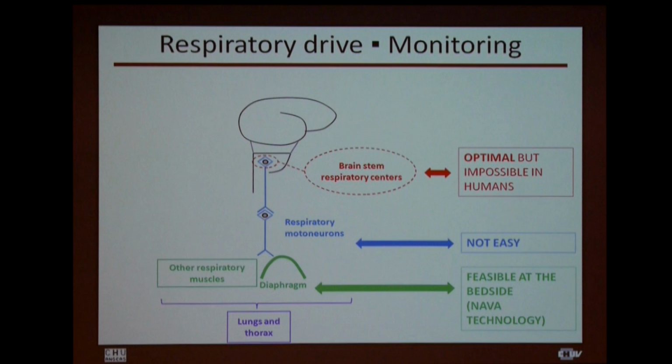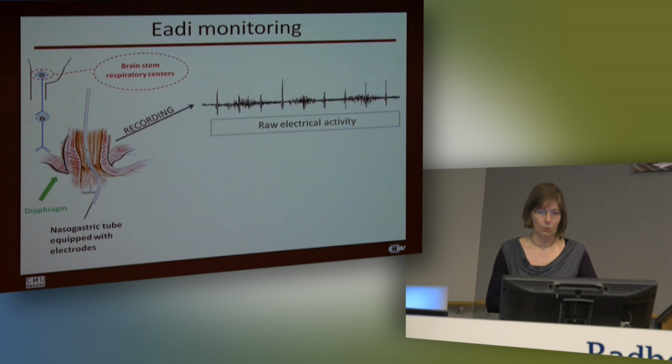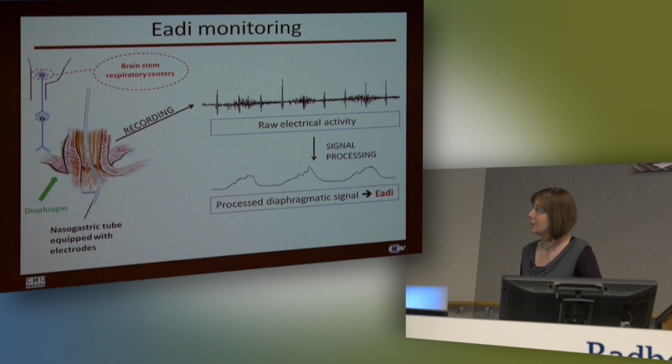What is easier is to record electrical diaphragmatic activity, which can be considered a direct surrogate of the brainstem respiratory centers activity. Practically, as already shown, we currently use a nasogastric tube equipped with electrodes to record the raw electrical diaphragmatic activity.